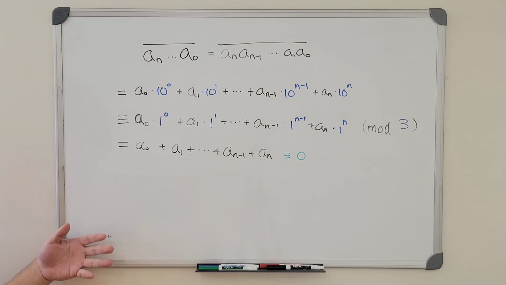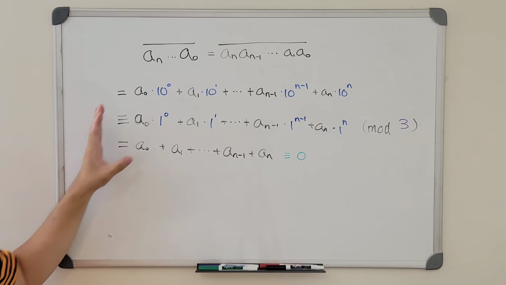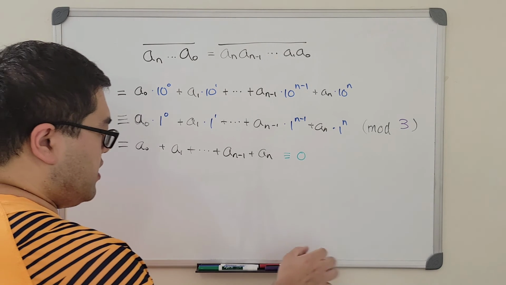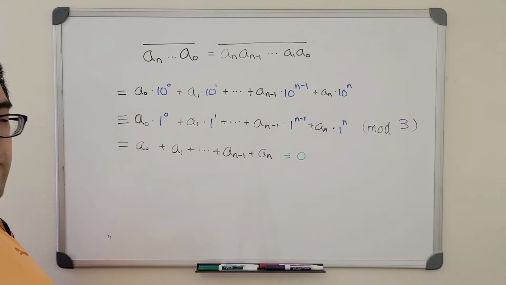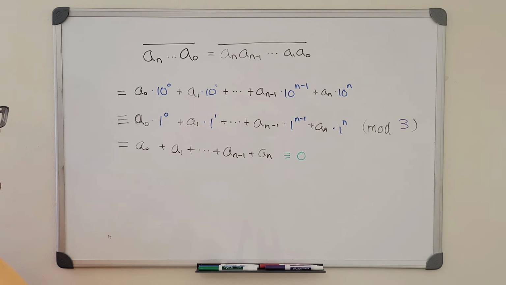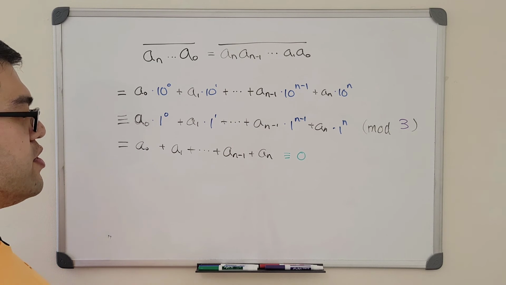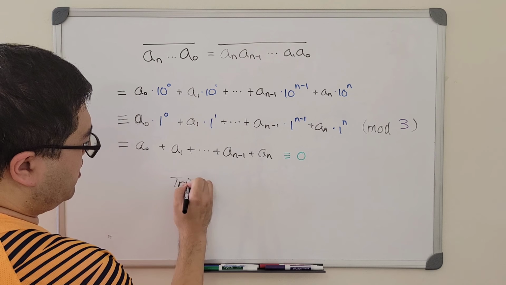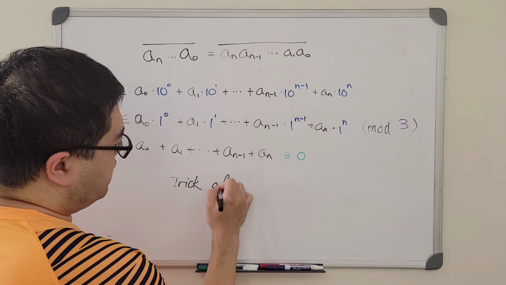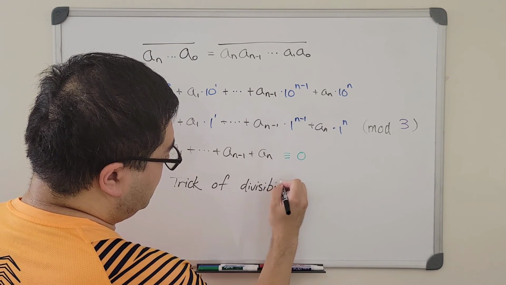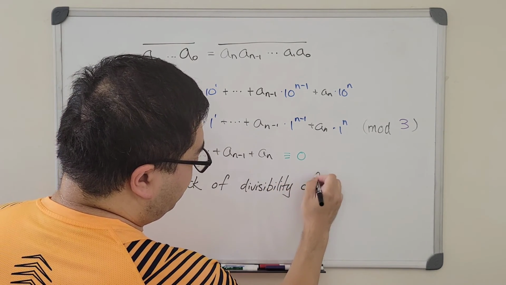And this is not just a coincidence. It can be proved in this way. So the last thing that I'm going to mention and give to you as a homework assignment is to try to find a trick of checking the divisibility of 7.